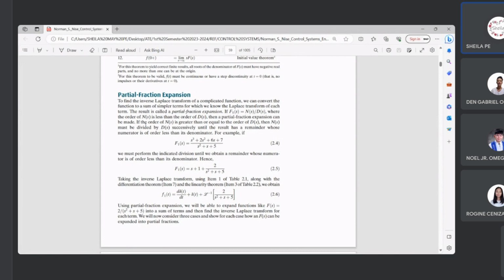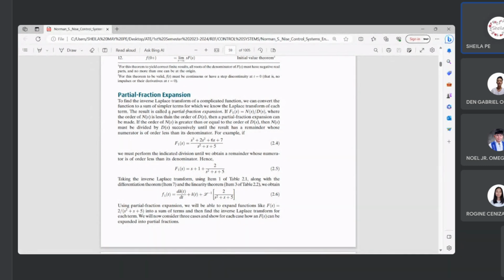Okay? Just like we did kanina, if the numerator is simpler than our denominator, then we can solve it directly. If the function F1 of s is simpler, we can directly follow the process of having the inverse Laplace.